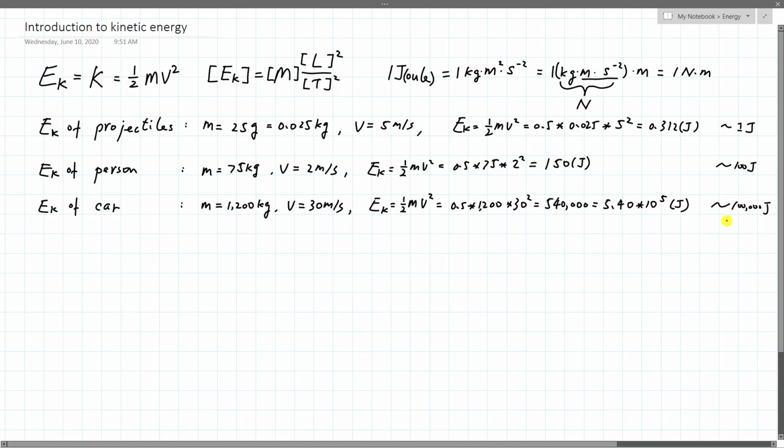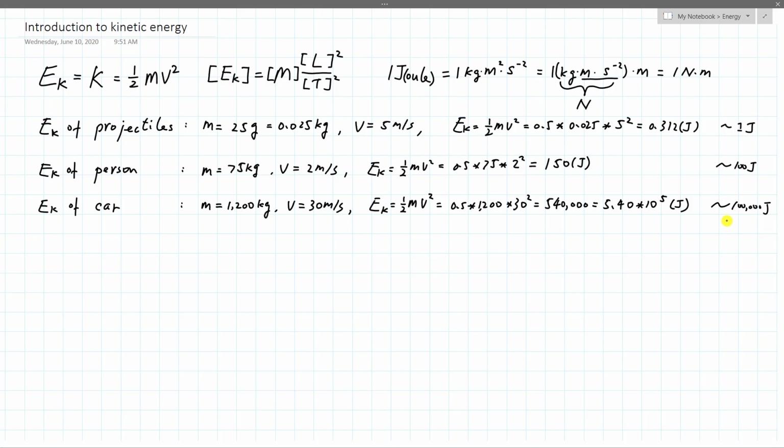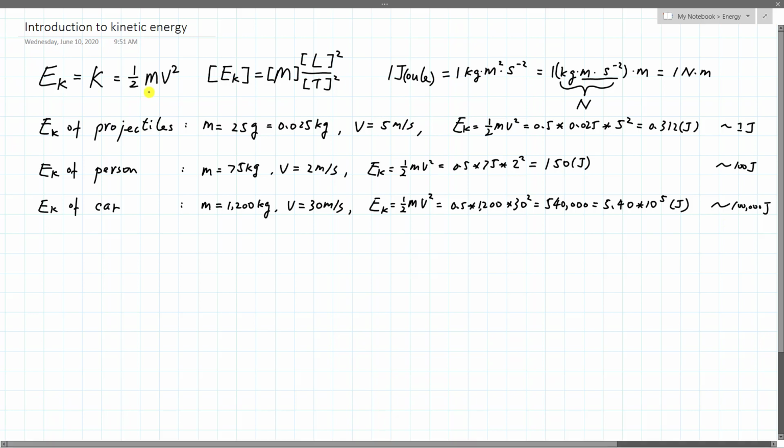So this is kinetic energy, and you may ask, okay, this kinetic energy, where does it come from, right? It comes from the fact that we have mass. Yes, it also comes from the fact that we have velocity, but velocity is relative, right? Say if you're in a car, this car here has 540,000 joules of kinetic energy.